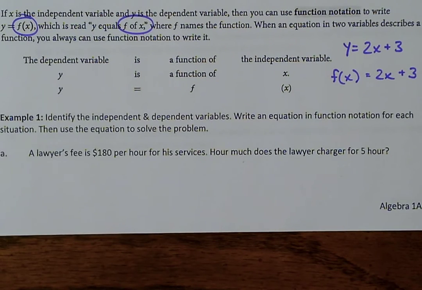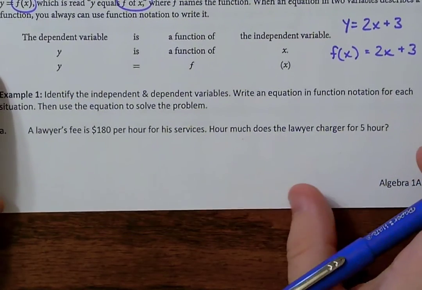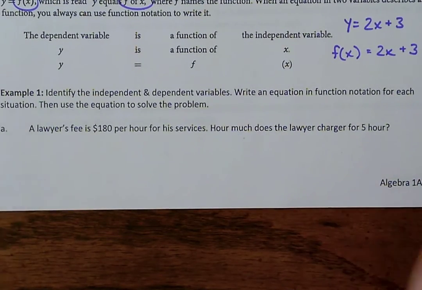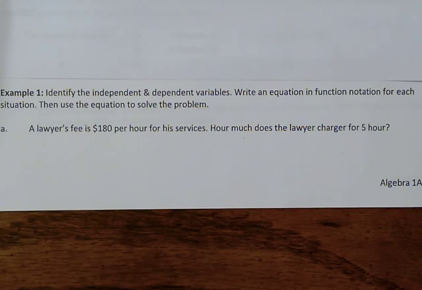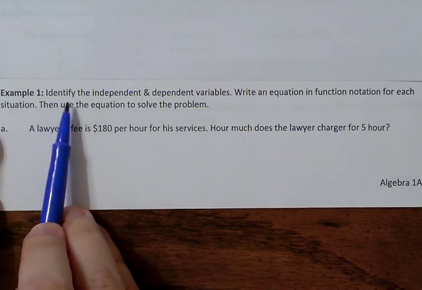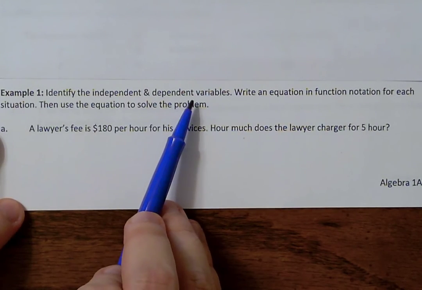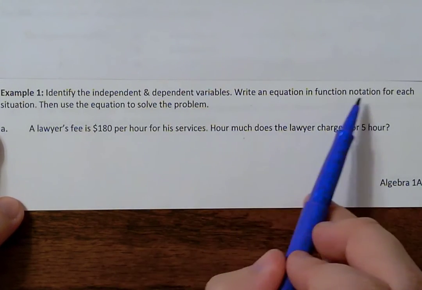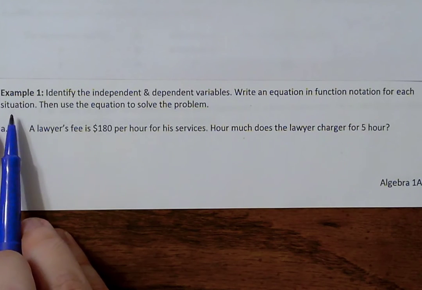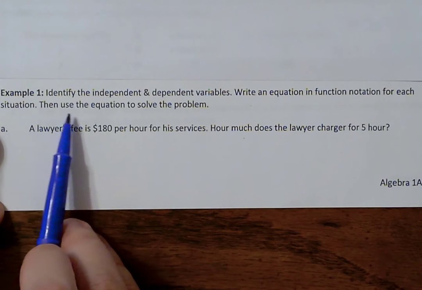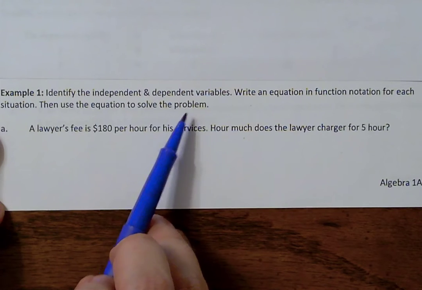All right, with that said, let's take a look at example 1 here. Example 1 asks us to identify the independent and dependent variables, write an equation in function notation for each situation, then use the equation to solve the problem.